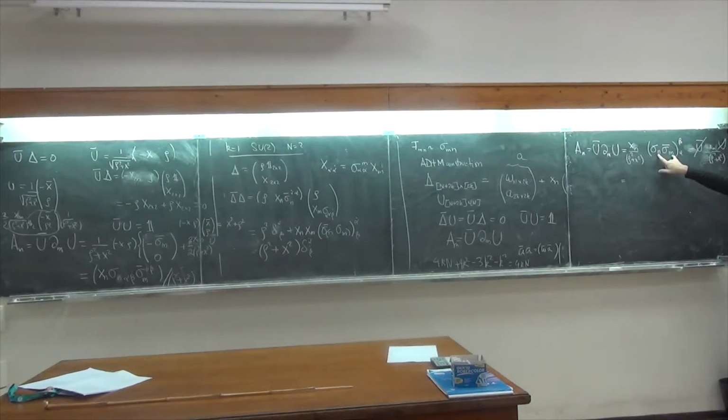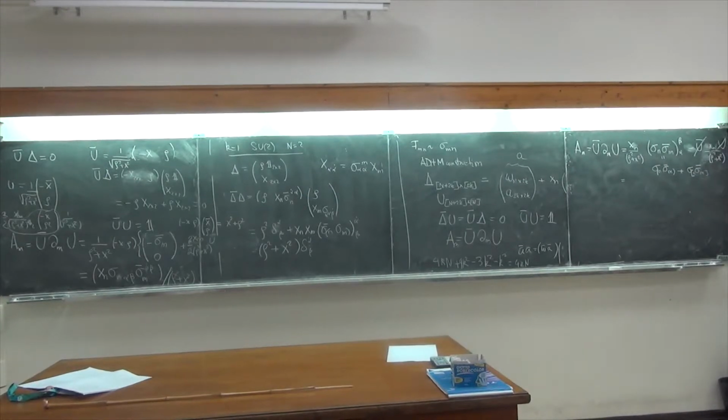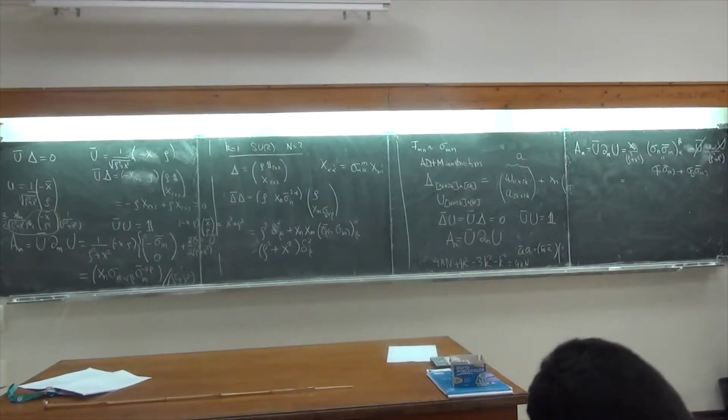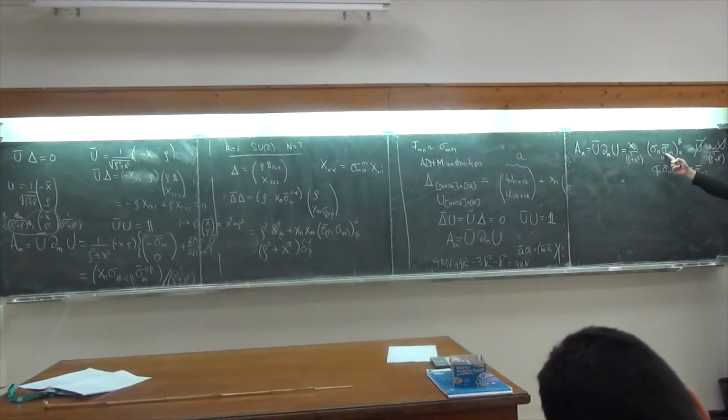This part, this product of the matrix, I can write as the symmetric part plus the antisymmetric part. Any matrix I can write as the sum of the symmetric part and the antisymmetric. The symmetric part is proportional to the derivative.